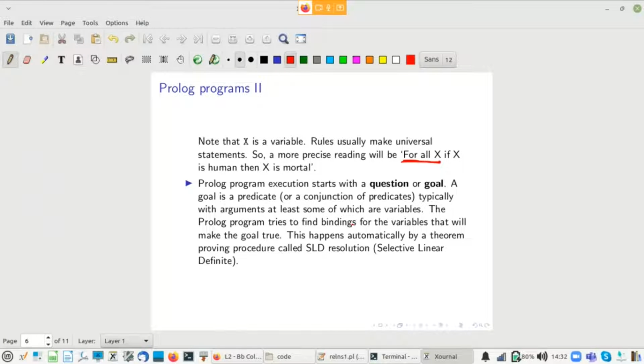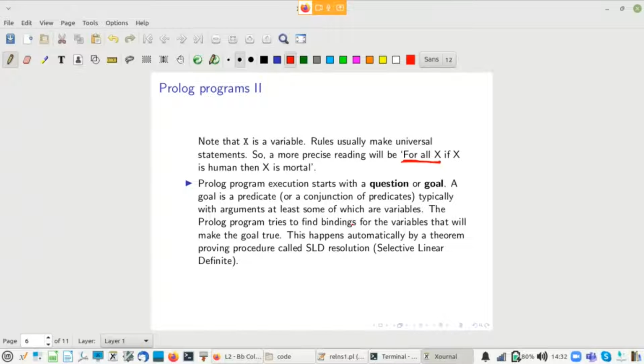And the result is either it comes out and says false, which means it cannot find bindings for the variables which will make the goal true, or it will come out with a set of bindings which will make the goal true. The interesting thing about Prolog is it is possible that there will be multiple different bindings which make the goal true. Again, we'll see examples of that shortly.